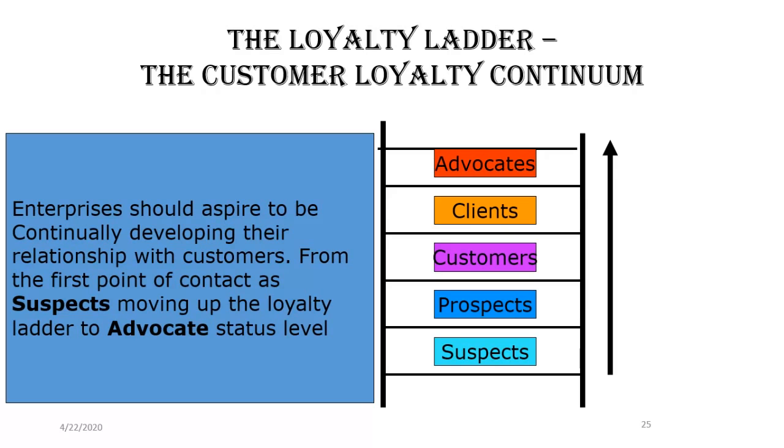By the time he looks at one or two things and is buying one item, or is promised to buy one item, it's a customer. And repeat customers become your clients. They come often, and if you handle your customer very well, they turn out to be your clients. And if you handle your clients very well, they turn out to be your advocates.